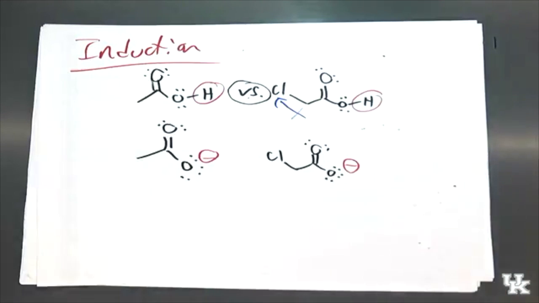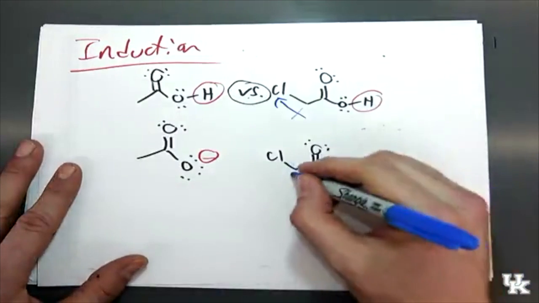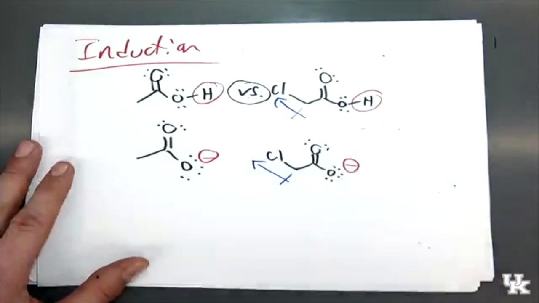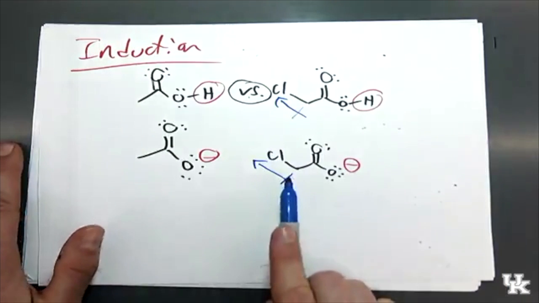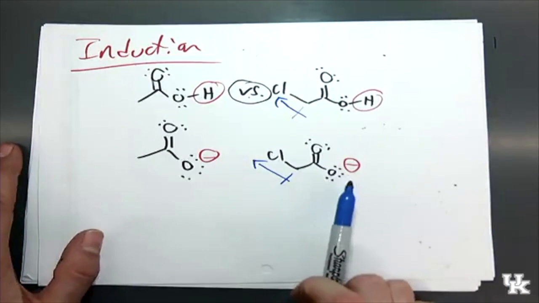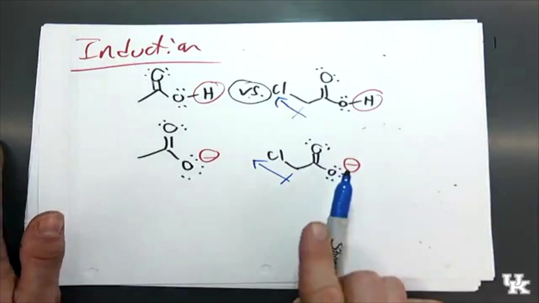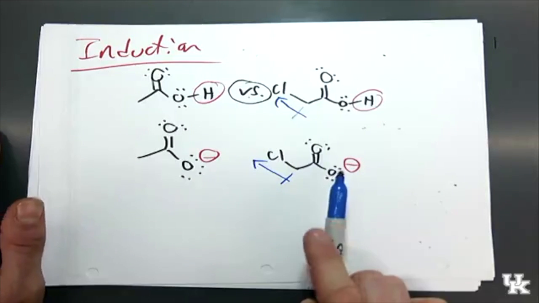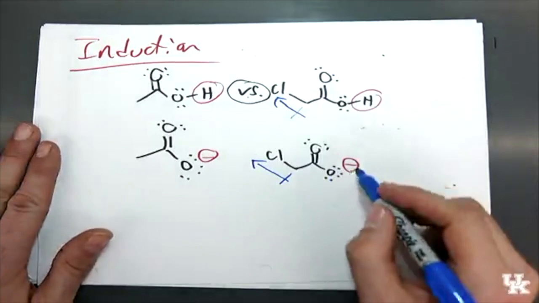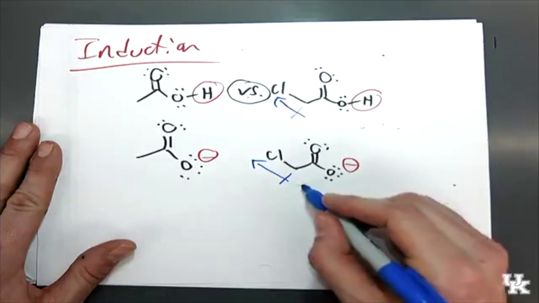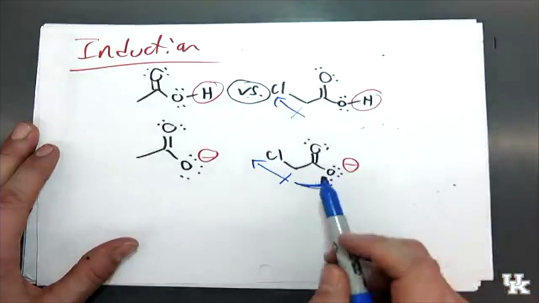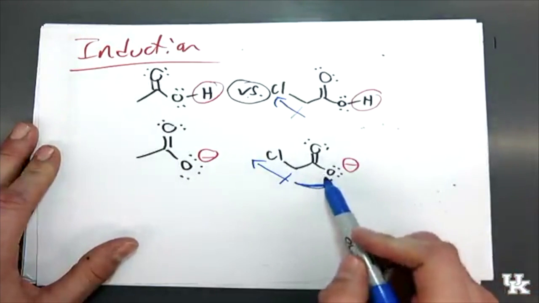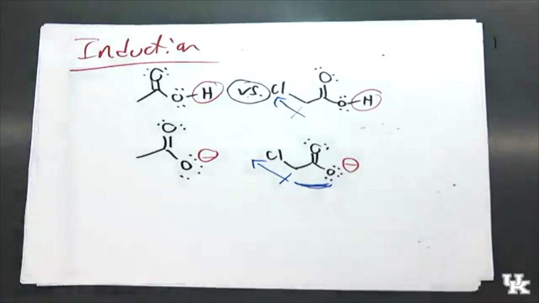All right, so let's draw in our dipole. There we are. Now, this partial positive is actually going to stabilize that negative charge in the same way that two magnets want to come together. So because you generate a negative charge that is kind of happy to be there because of its proximity to this positive, the second conjugate base, the chloroacetate, is going to be more stable.